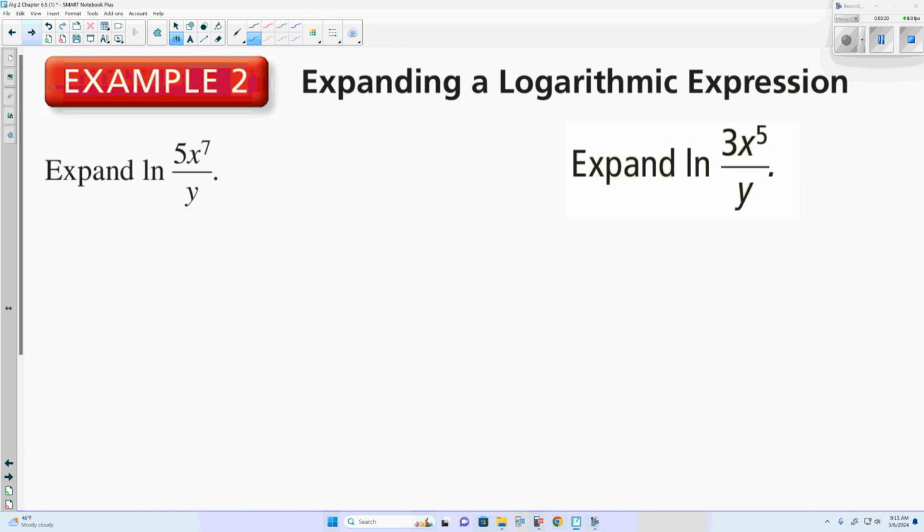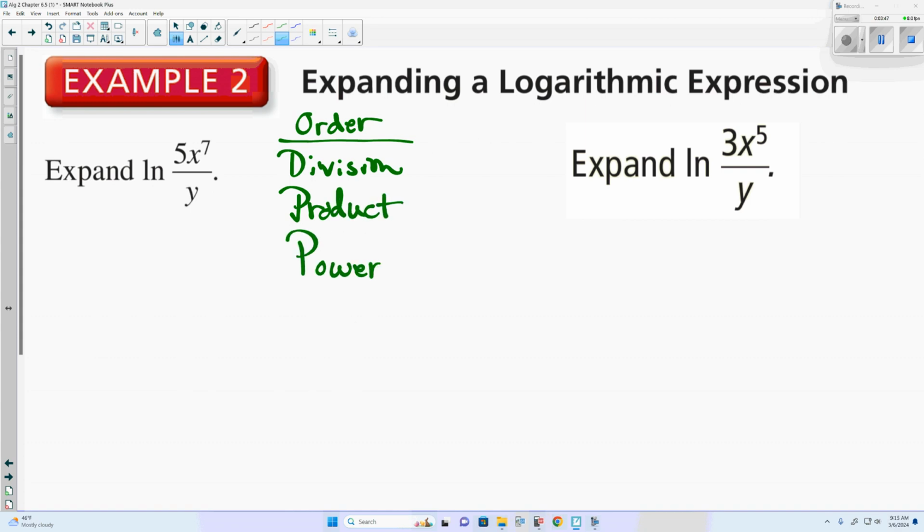Now, when we expand a log, the order of the properties that we use is, because expanding back out is normally going to be division, our quotient property, then our product, and the last one's our power.